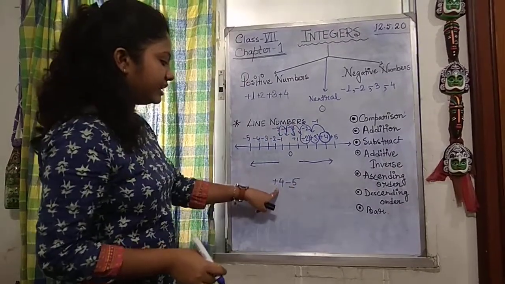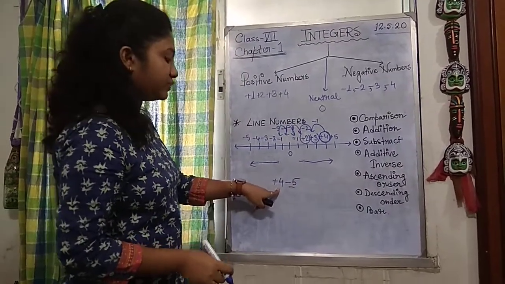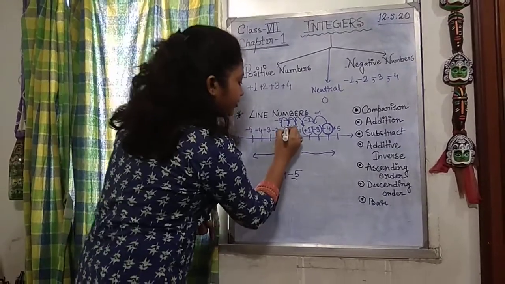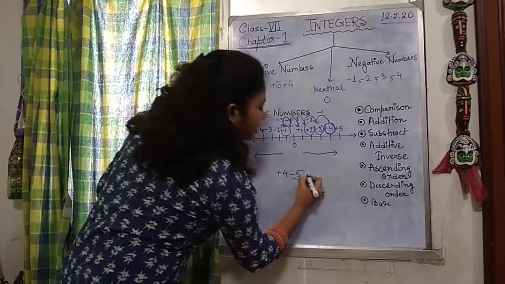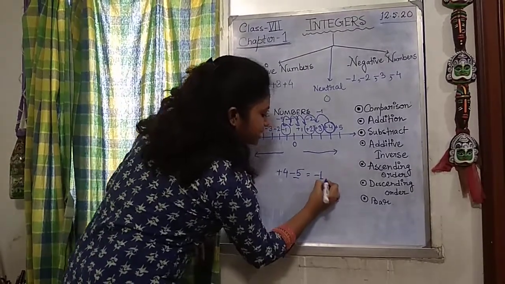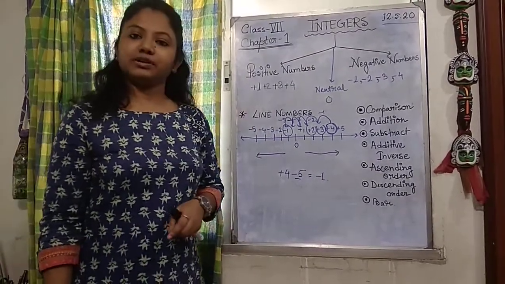So +4 -5 will result in where? -1. Here we go. The result comes as -1.